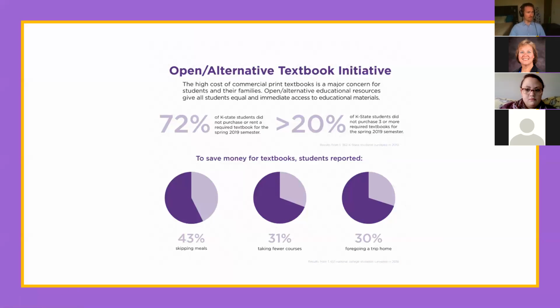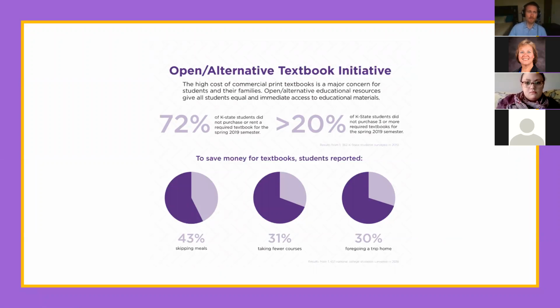Okay, getting some additional figures here for the Open Alternative Textbook Initiative. The high cost of commercial print textbooks is a major concern for students and families. This translates into 72% of K-State students not purchasing or renting required textbooks for the spring 2019 semester, and 20% of K-State students not purchasing 3 or more required textbooks in spring 2019. 43% reported skipping meals, 31% reported taking fewer courses, and 30% reported foregoing a trip home.